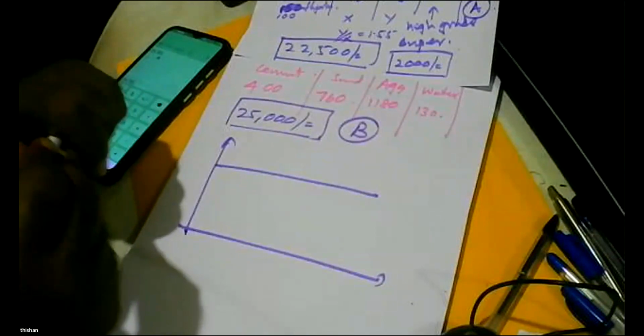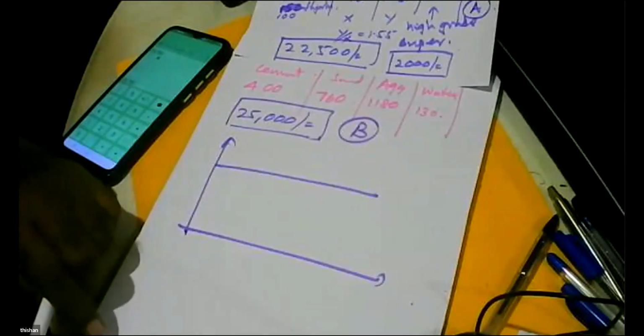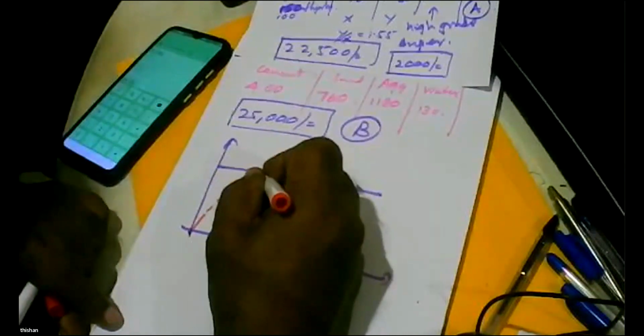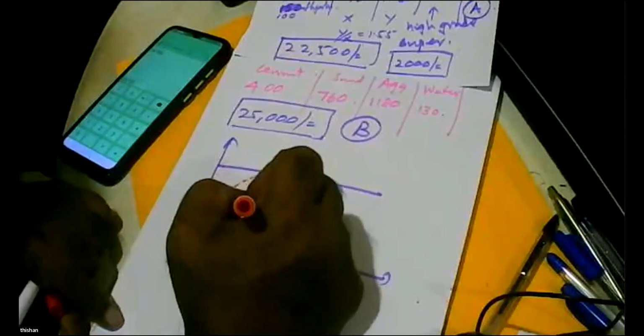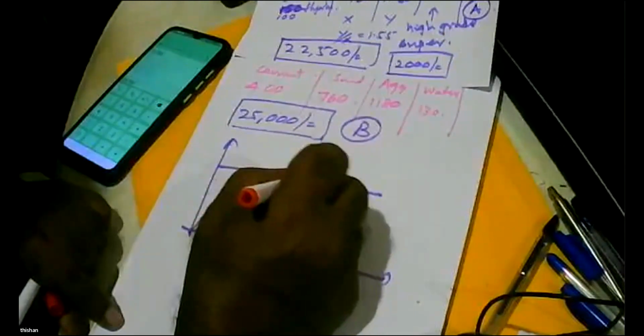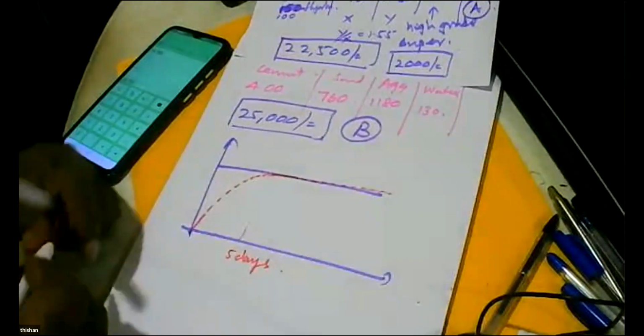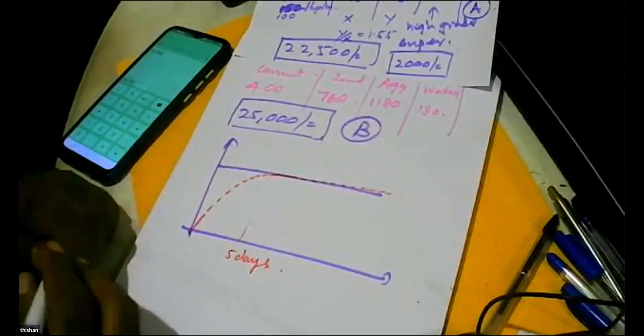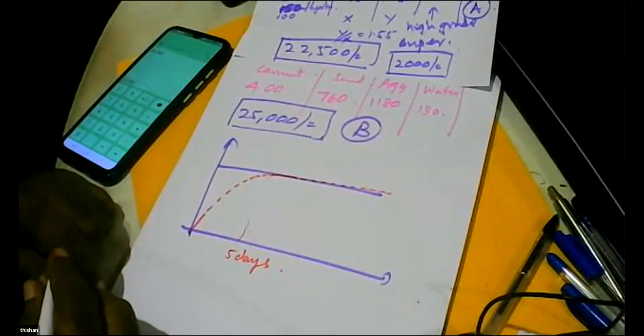Mix B will generate a lot of heat, harden like hell. After about 5 days, you find it has reached the full strength. But now it is going up very slowly because after about 2 weeks, all tricalcium silicate reactions are over.